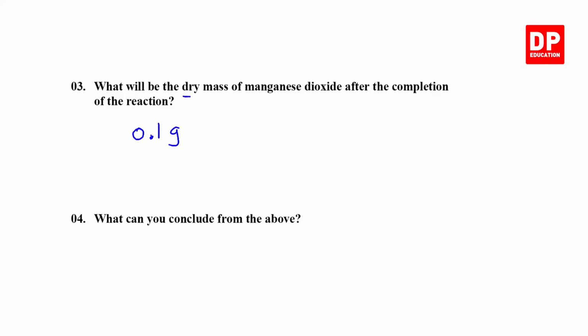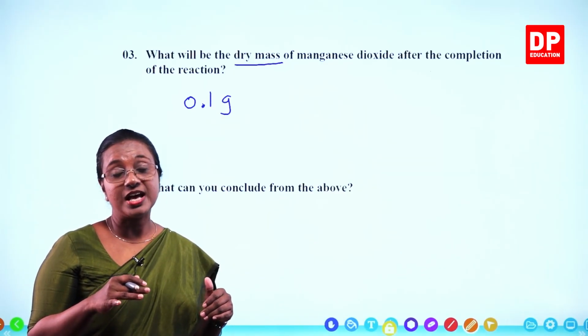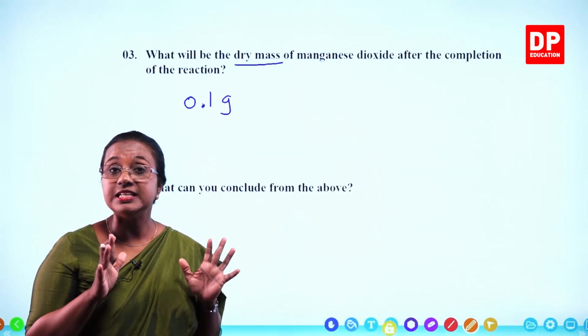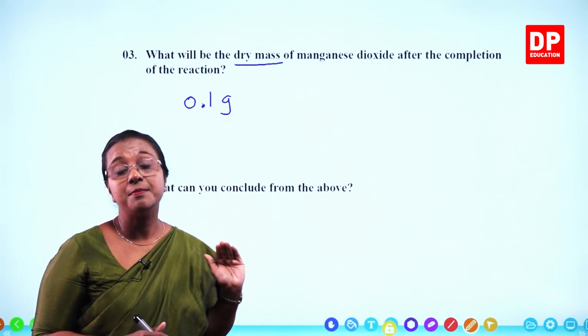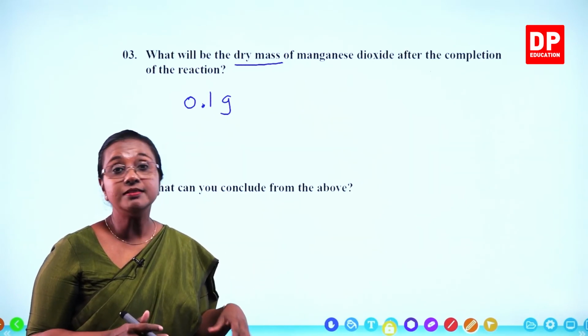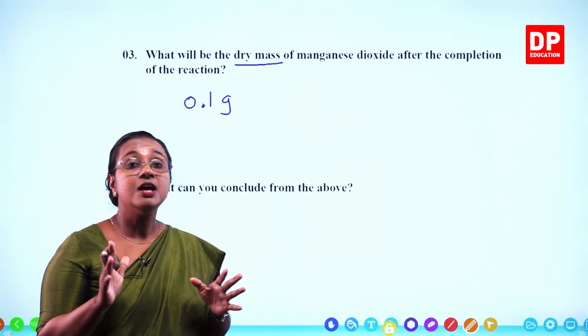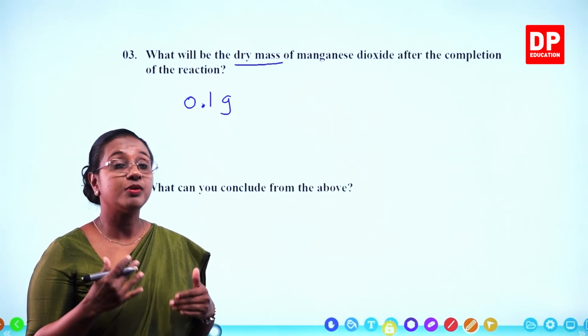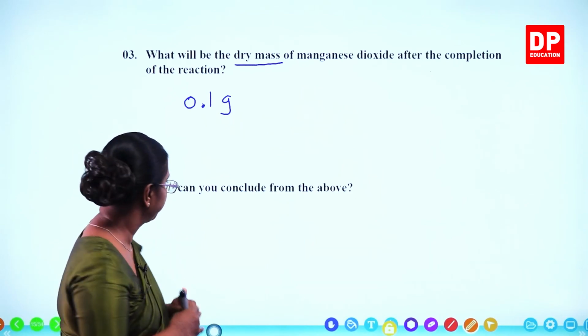Now, here you have to look at the term dry mass. You filter the manganese dioxide and you have to dry it completely so that you can show it is the same mass. If there is water, then of course the mass will be different. Then you can't really show that it is not chemically consumed.